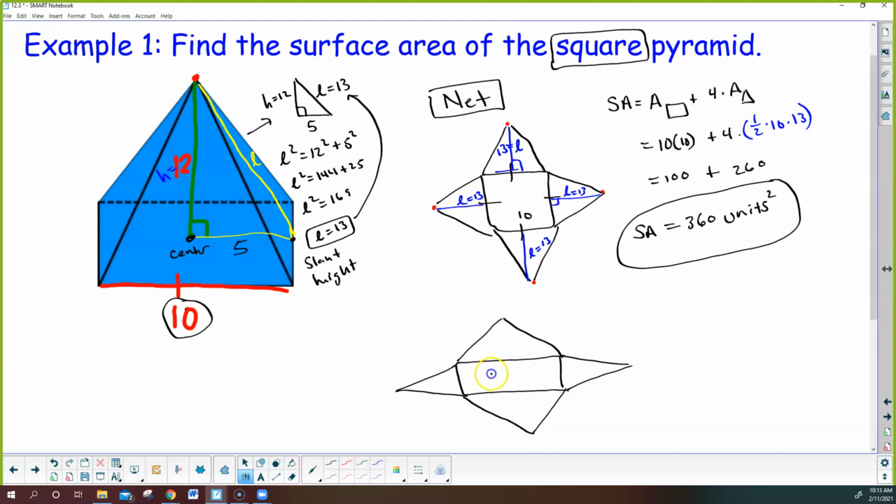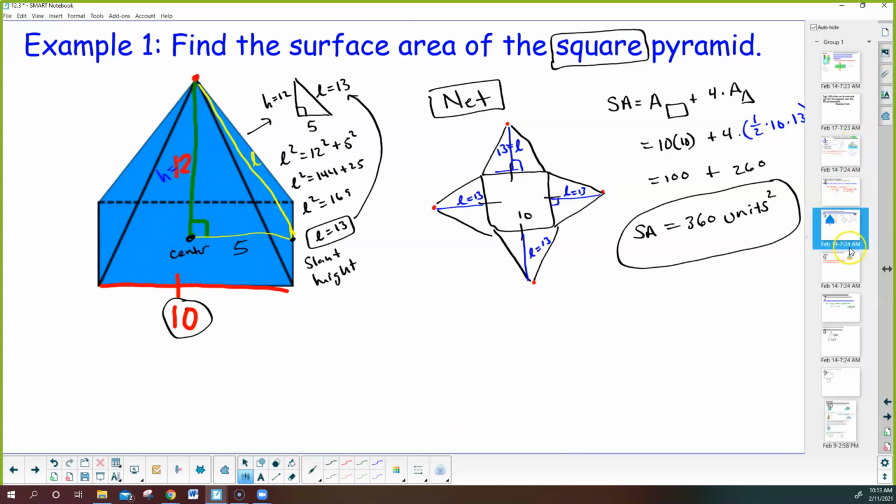I'd have the area of the base, but then I'd have these two triangles are the same and the other two, but I couldn't do 4 times 1 because they're not all the same, and it's based off of the base on whether or not those triangles will be all equal or just opposite sides will be equal, or maybe even not. Maybe it's a non-friendly polygon as a base. So just be careful on that.